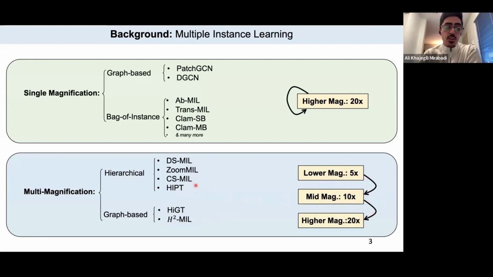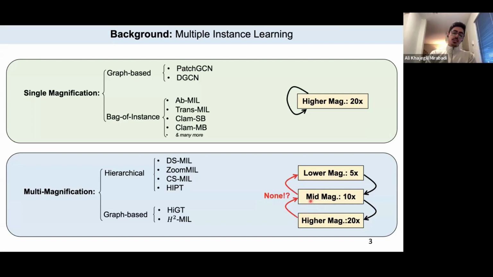Also, not all of these models use three magnifications. Some of them use a pair of magnifications, let's say 5x and 10x, sometimes 5x and 20x. So this is a choice for different architectures, and people change it for different cancers and different purposes based on their design.